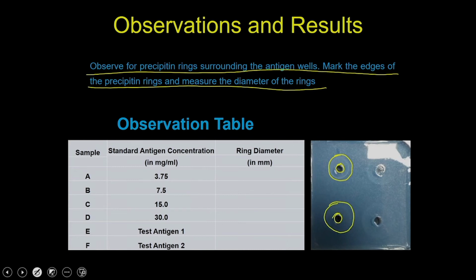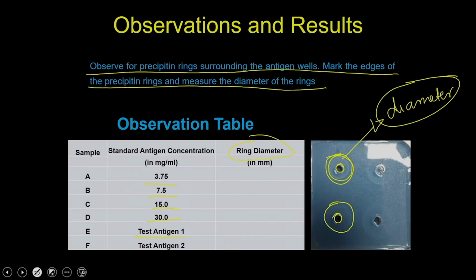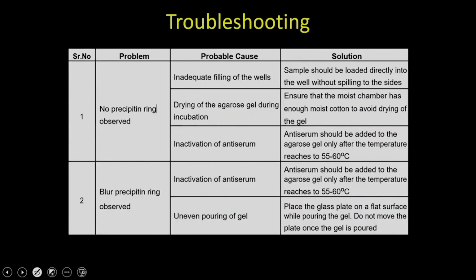Now, you outline this ring and determine its diameter. Against each concentration, you note down the diameter, and you also note down the diameter for the test samples. Then you plot these in a curve, and you can use that curve for calculating the concentration of the antigen in unknown samples.